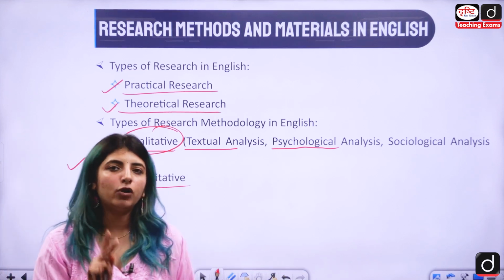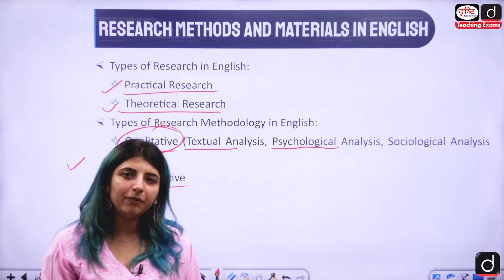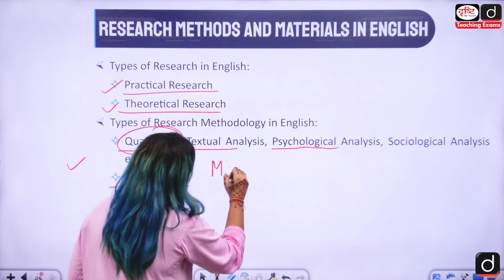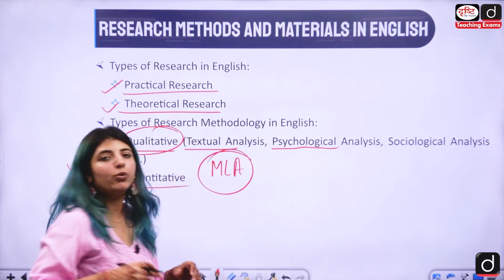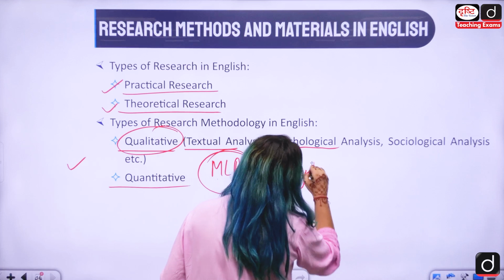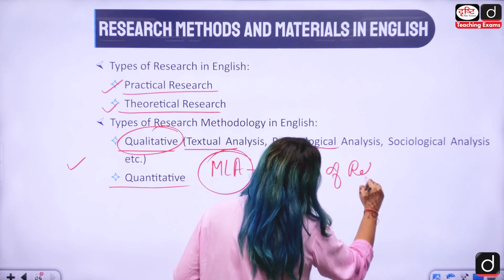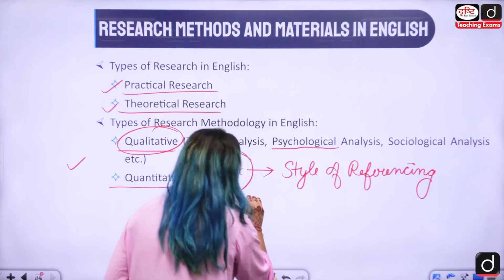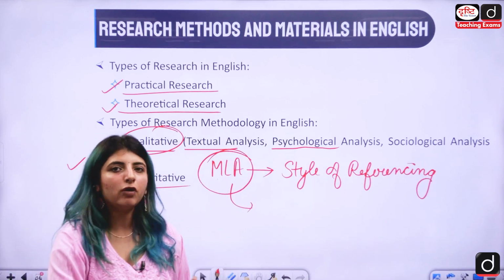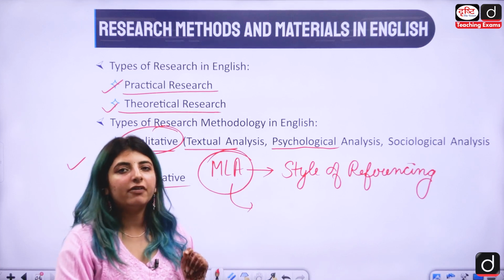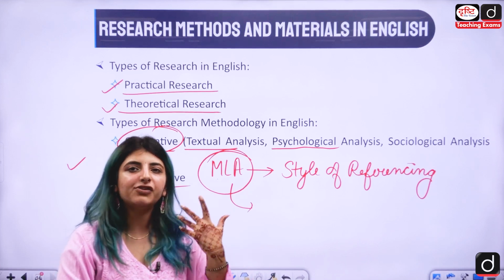Now one thing that I want to add in here is that we from the English literature background are the students who use these styles of referencing such as MLA. MLA stands for Modern Language Association, and this is a particular way of citing any work.